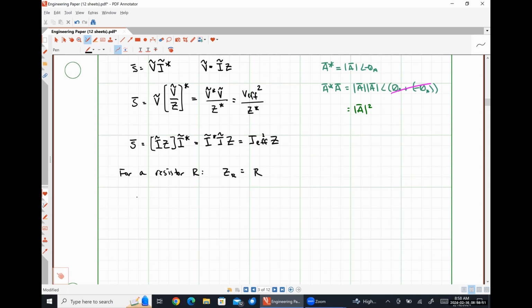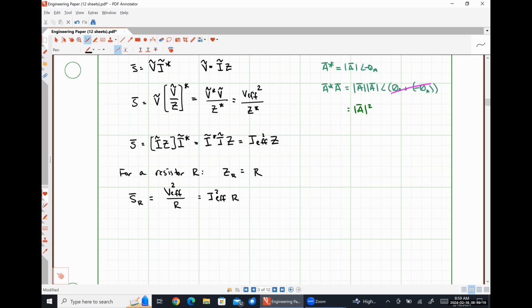So that means the complex power is going to be V effective squared divided by R, or I effective squared times R. These are literally just our DC relationships for power for a resistor.